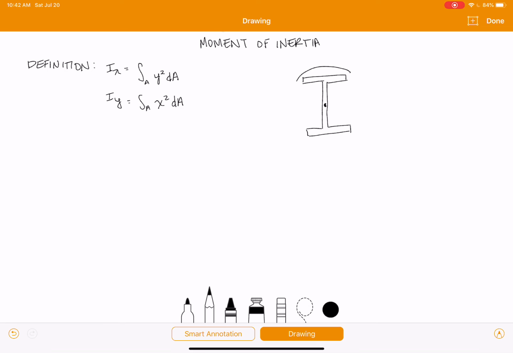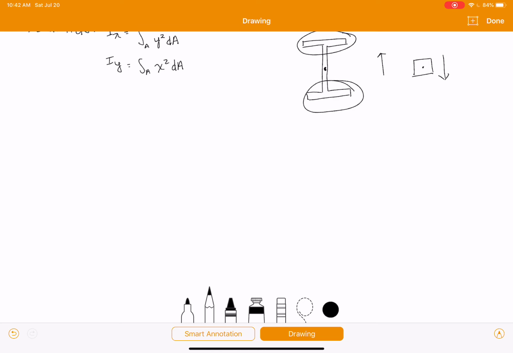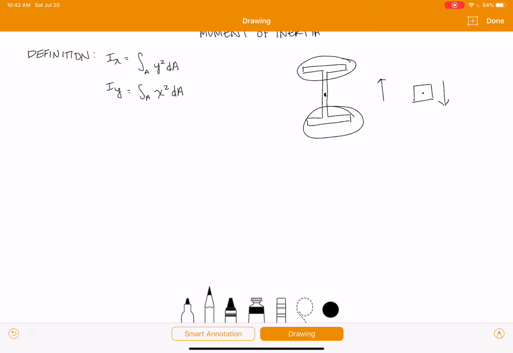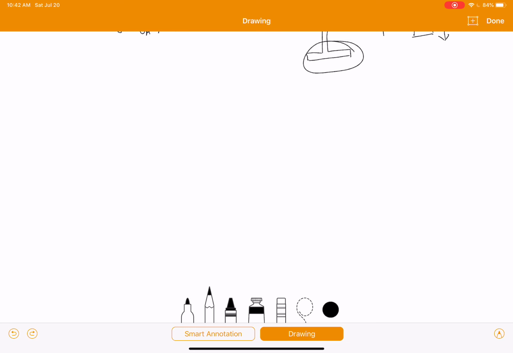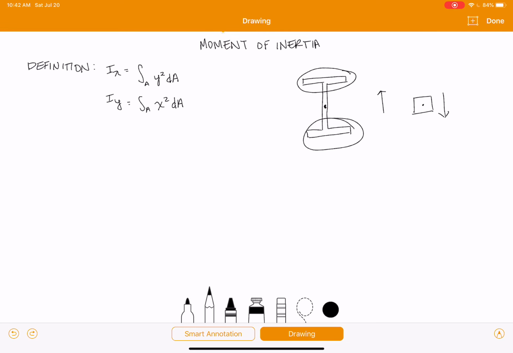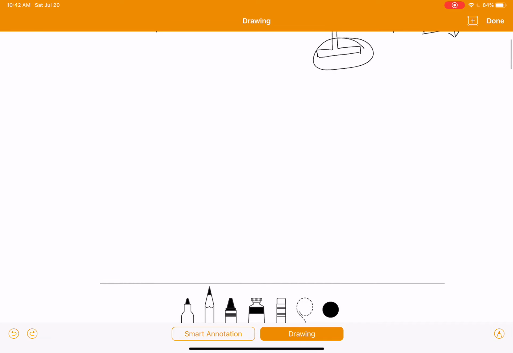So the more area you have sitting away from the centroid, the higher the moment of inertia is going to be. And the closer all the area is to the centroid, the lower the moment of inertia is going to be. And so these have all been calculated for common shapes. And they're usually tabulated in the back of your textbook, or you can just look them up online. But we'll just go over a few right now.